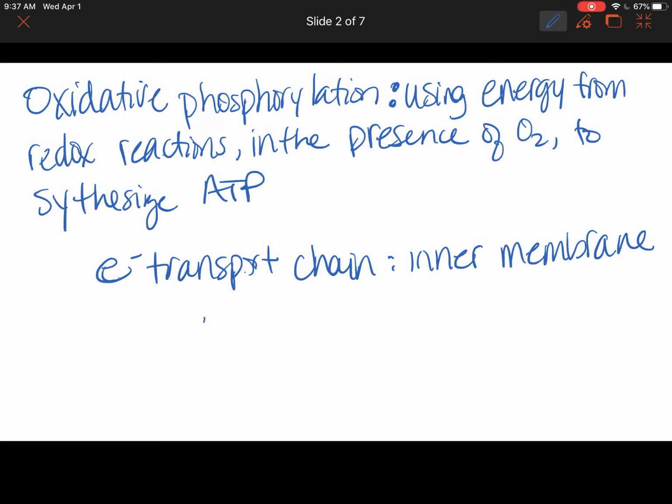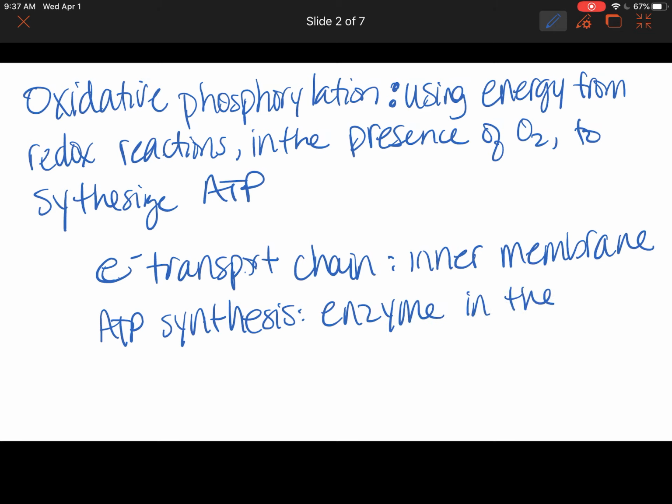And then ATP synthesis is done by an enzyme in the inner membrane. Okay, other important locations are going to be the matrix and the intermembrane space. So all that mitochondria anatomy stuff we talked about last lecture, you're going to need it in this one.